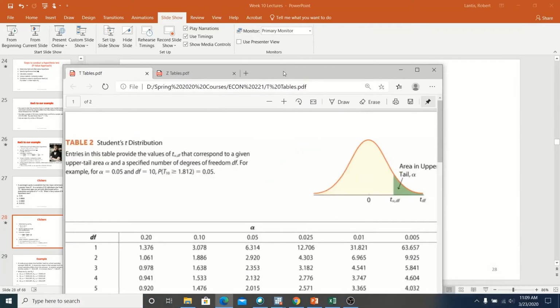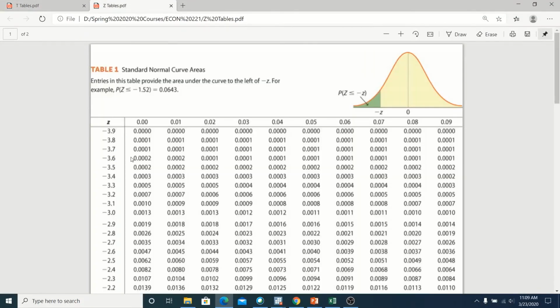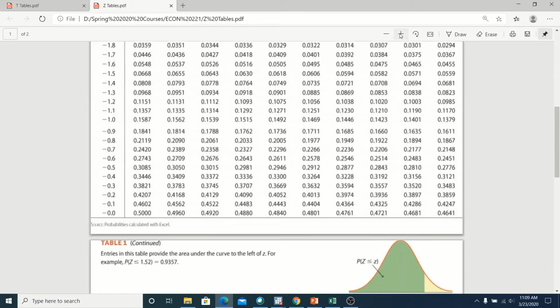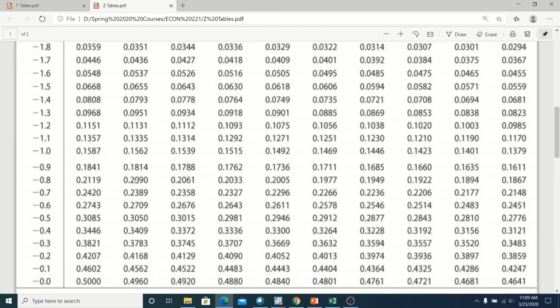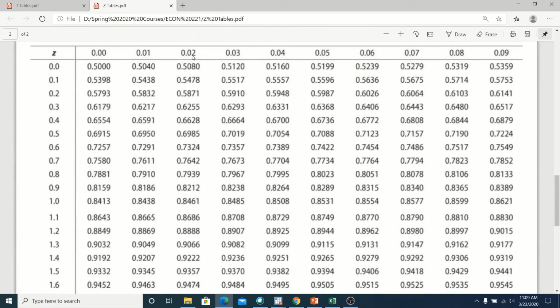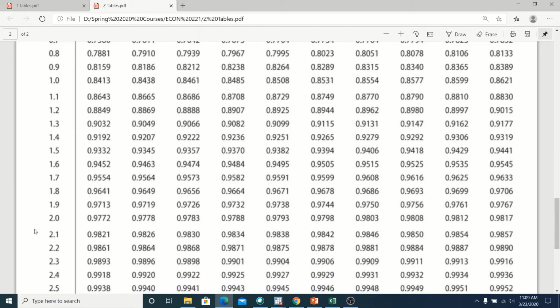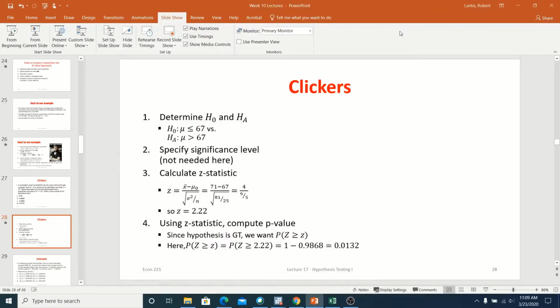Oh, wrong page, there we go. I apologize, you can see this a little bit better. So here's the 2.22, so I'll go to 2.22, and 0.9868 is going to be the area to the left of that.